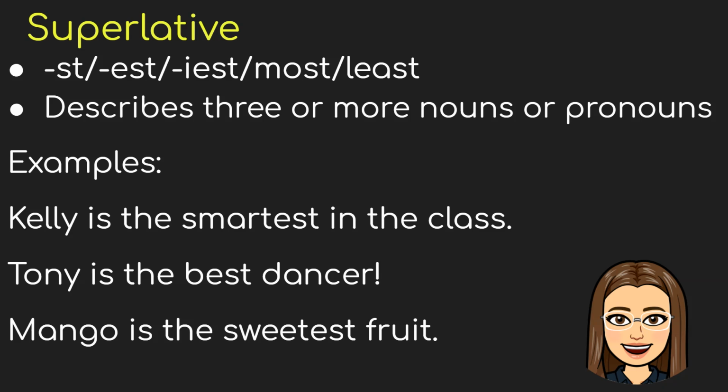For this one, it describes 3 or more nouns or pronouns. Here are some examples. Kelly is the smartest in the class. Tony is the best dancer. Mango is the sweetest fruit.